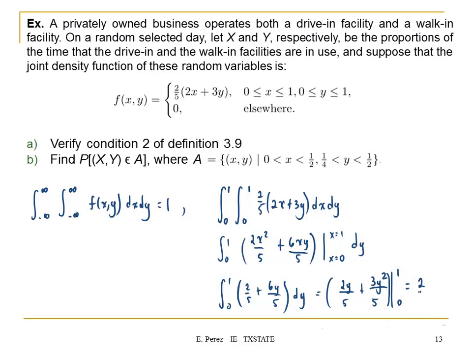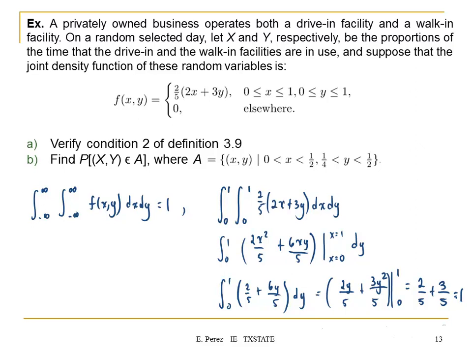So at the end you have 2 over 5 plus 3 over 5, which is equal to 1. So when you solve this double integral, you get that the probability equals 1.